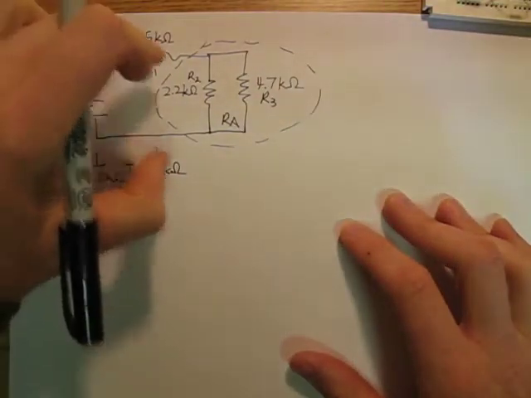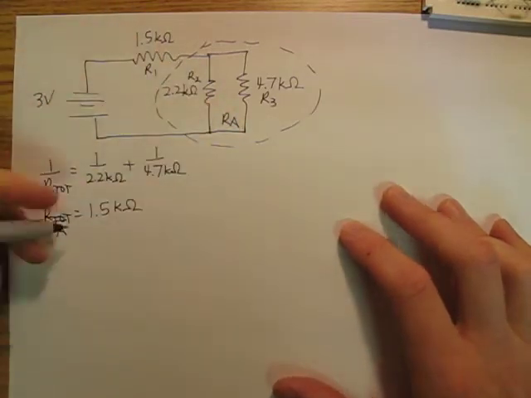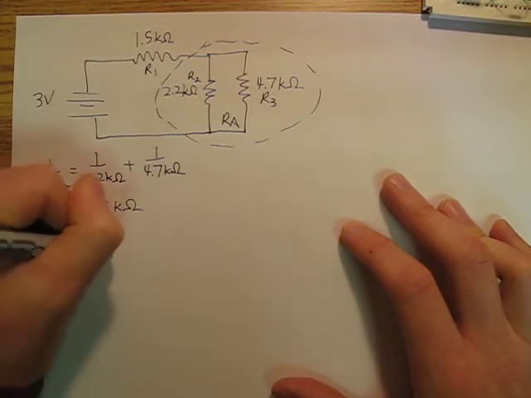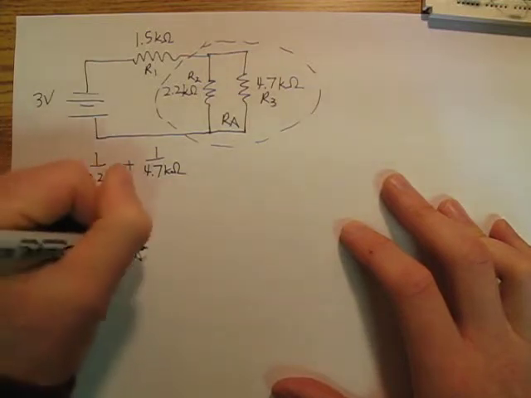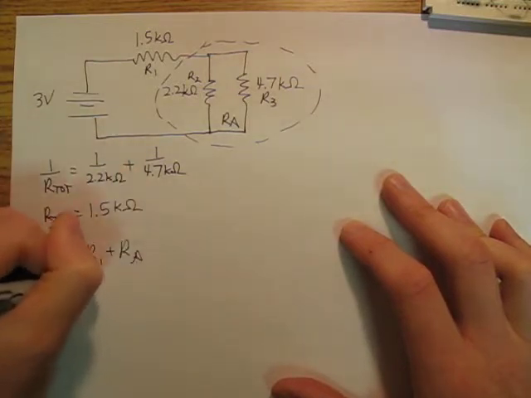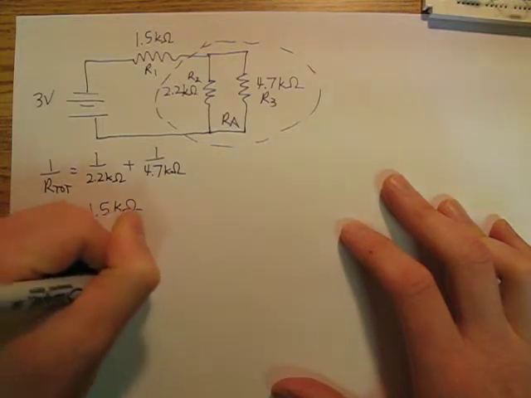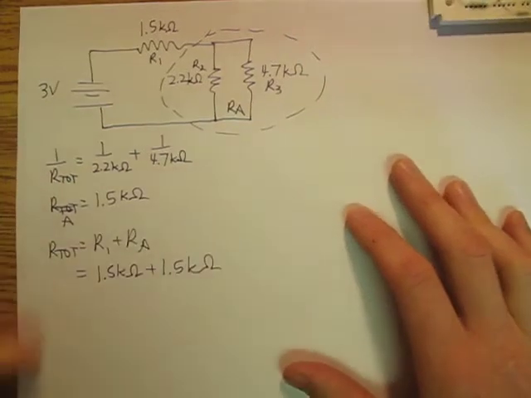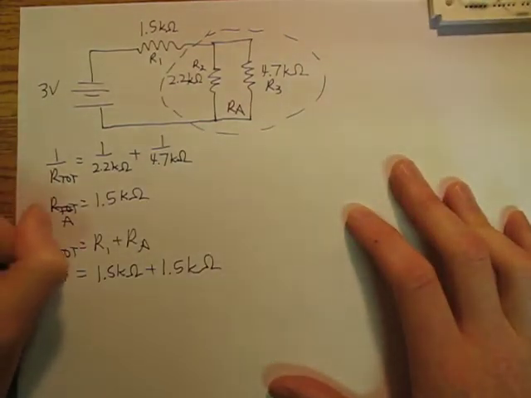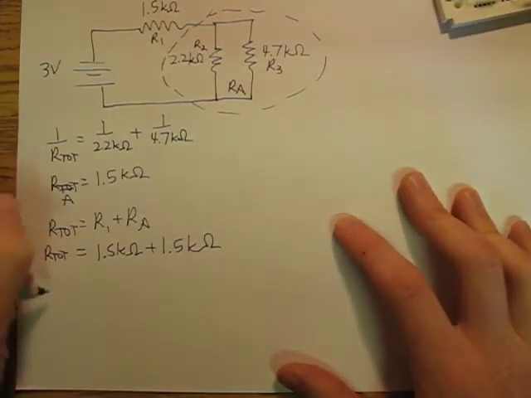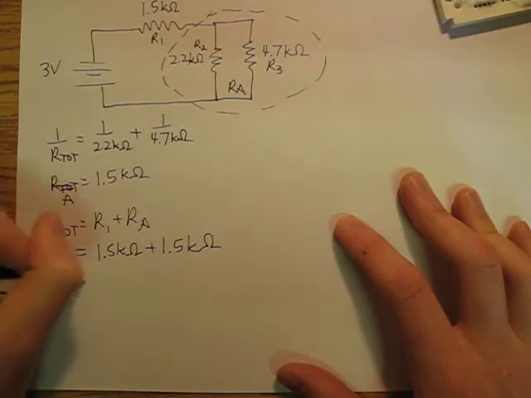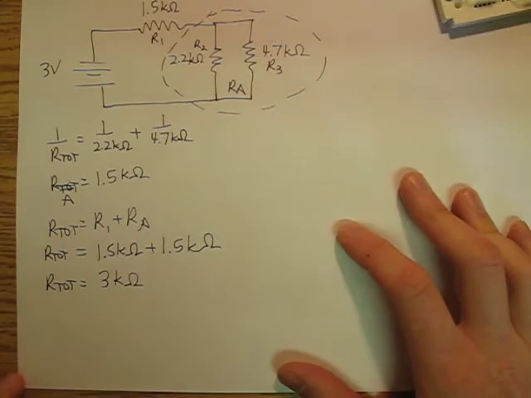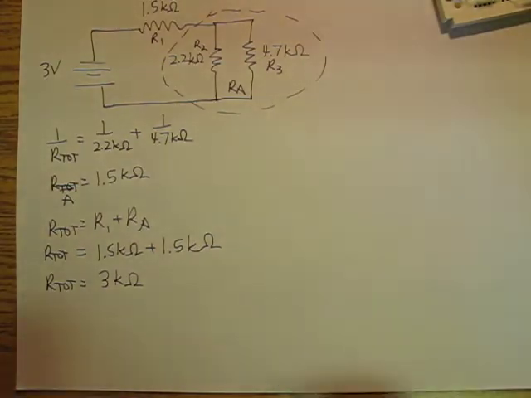So R total is R1 plus RA, which is 1.5 kilo ohms plus 1.5 kilo ohms. So my R total is going to be 3 kilo ohms. Now that makes my life really simple.